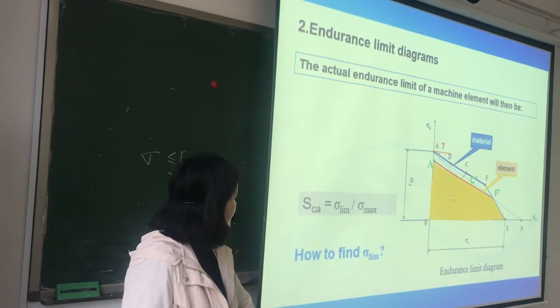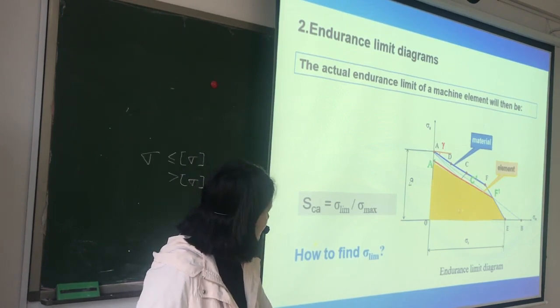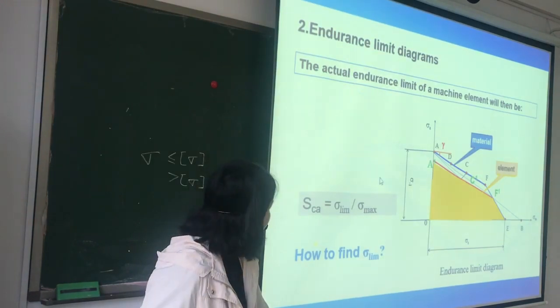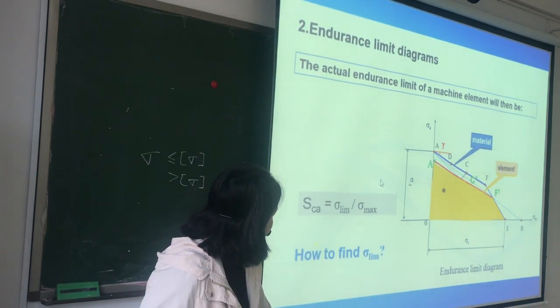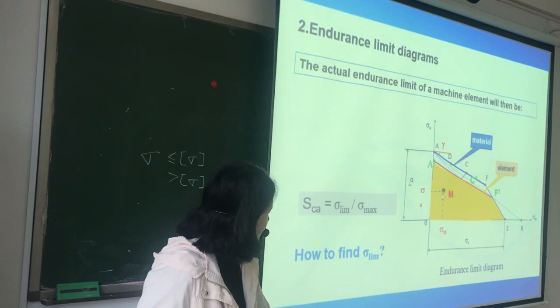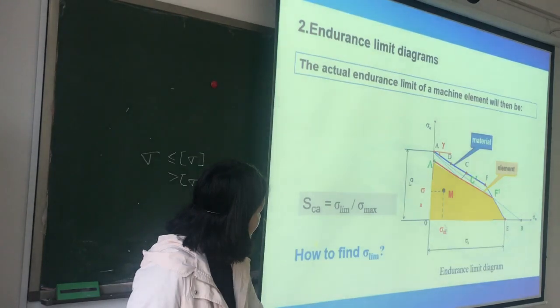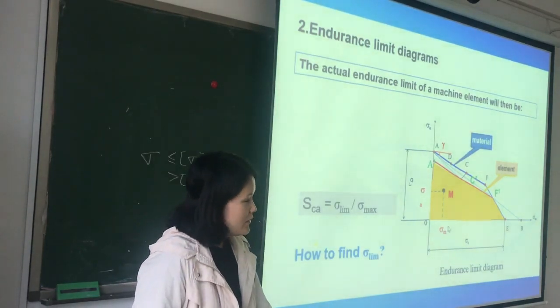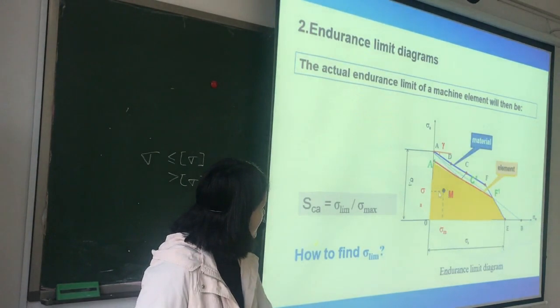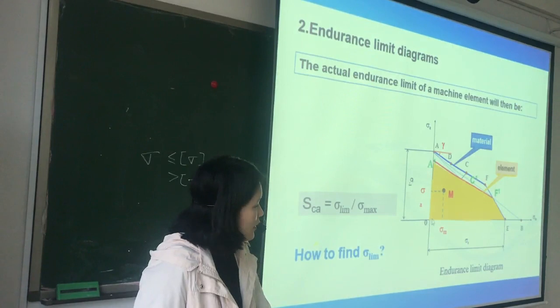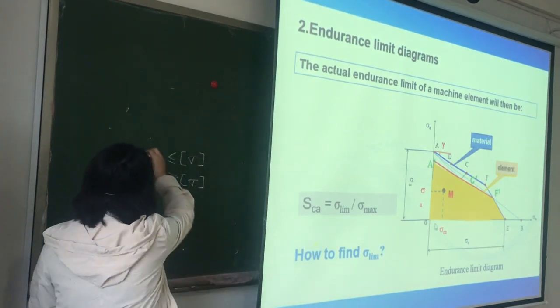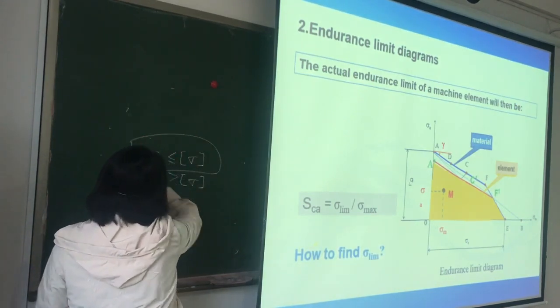and in this zone, the element is safe. Okay. Point M represents the working stress, sigma A and sigma M, and the working stress is in the zone A1, F1, E, O, and it satisfies the strength criteria.